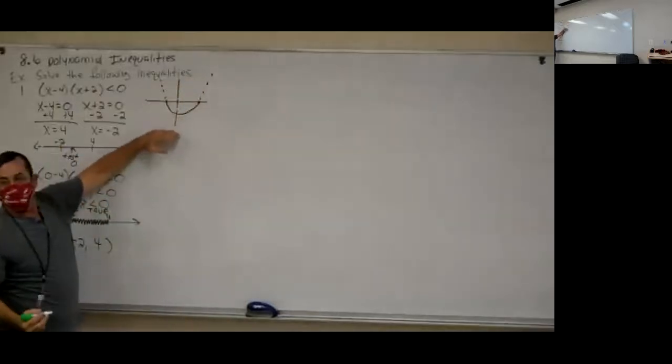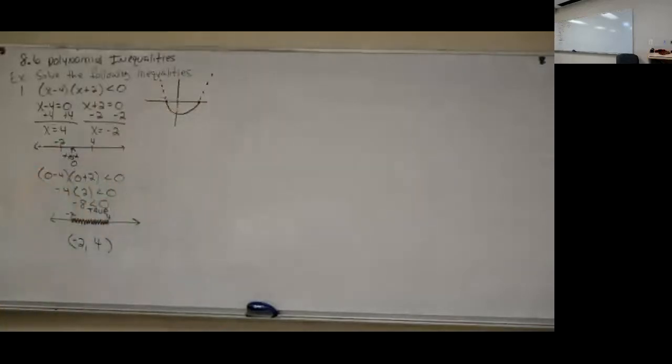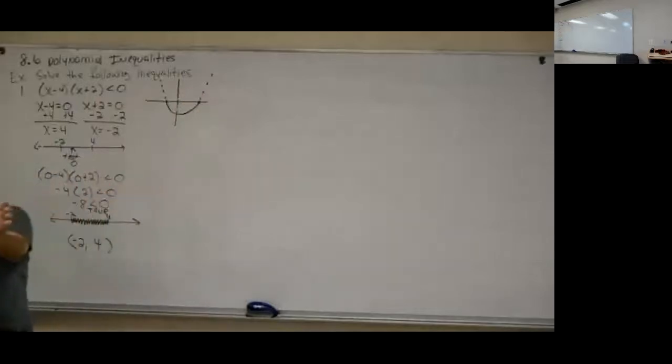So if you look at it on the graph and it's less than, you're only looking for the part of the graph that's under the x-axis. If it was greater than, then I would have these 2 intervals, which would look like the one with the union in the middle. Okay, so you can sort of graph them and get an idea of what part's less than or greater than.